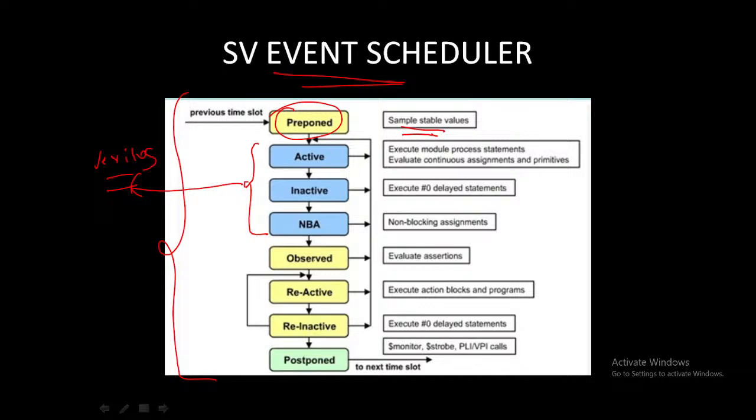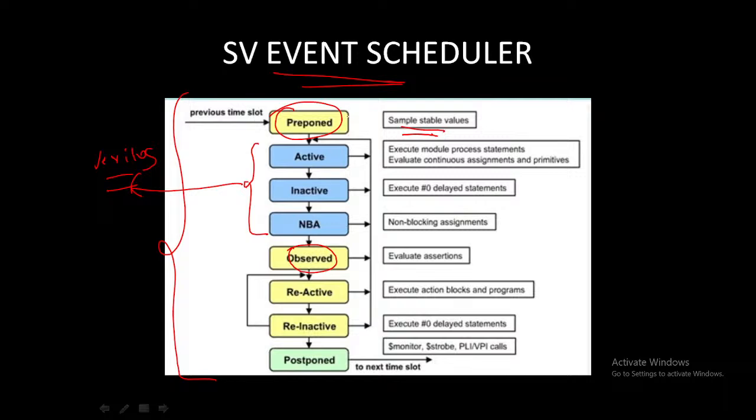The new ones are the yellow shaded ones. In the Observed region, assertions are evaluated. In the Reactive region, action blocks and programs are executed. The Inactive region executes zero delay statements, and the Postponed region is postponed to the next time slot. We will discuss them in detail now.